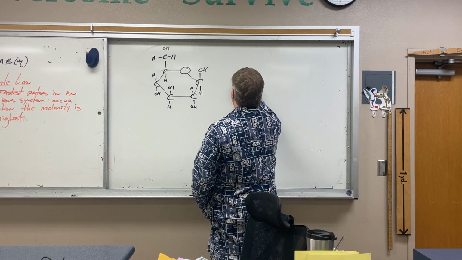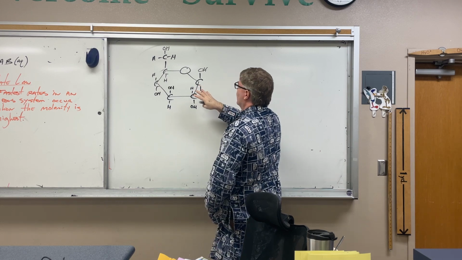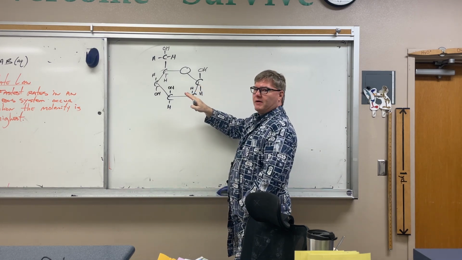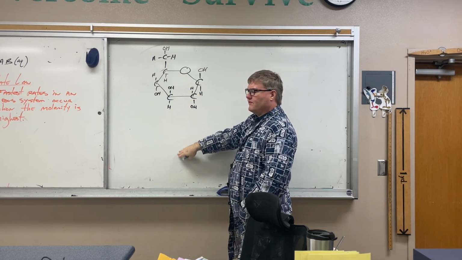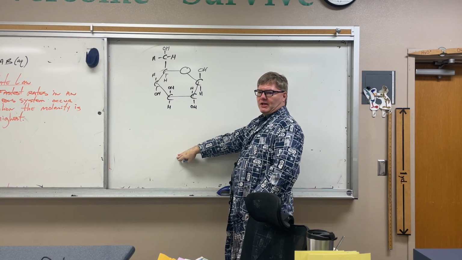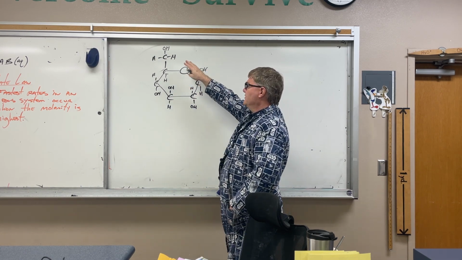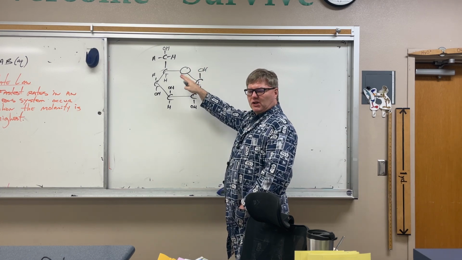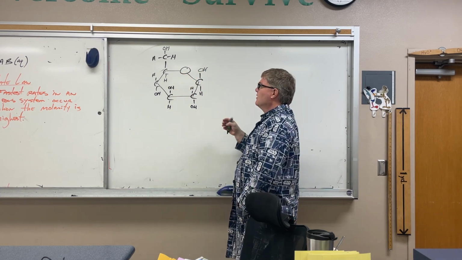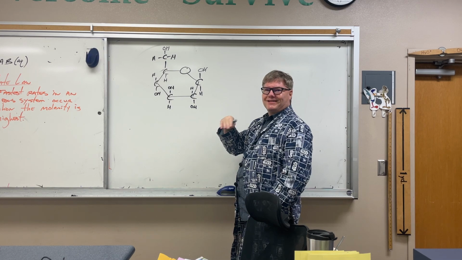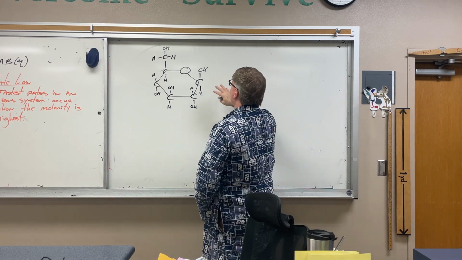All right, so I'm just going to draw another glucose. In the previous unit, when we did riboses, we put them vertically because that's how DNA is built, and that's by convention just works well when you're talking about DNA. Well, with glucose and starch, it's horizontal, not vertical.